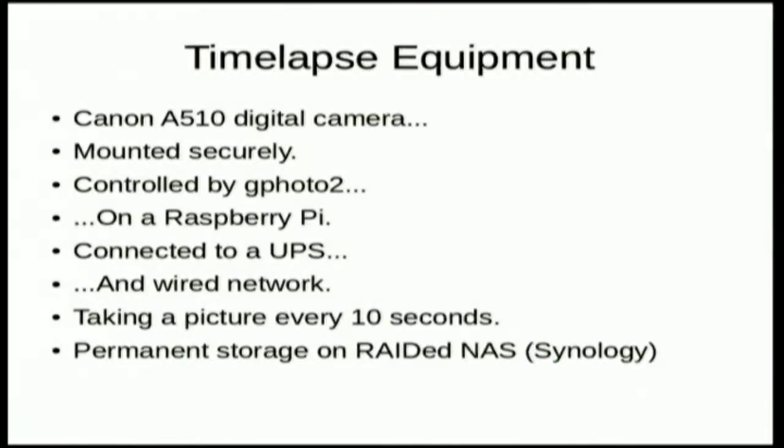So the Raspberry Pi is controlling the Canon A510 digital camera. It's pulling an image off the camera every 10 seconds and then pushing it to a network-attached storage device that I have in my house that's RAIDed and has about 12 terabytes of storage.